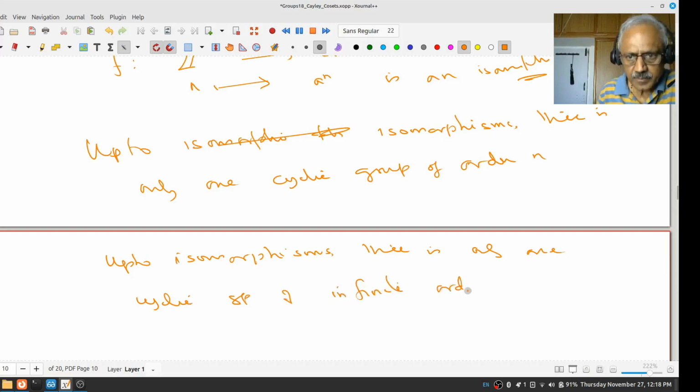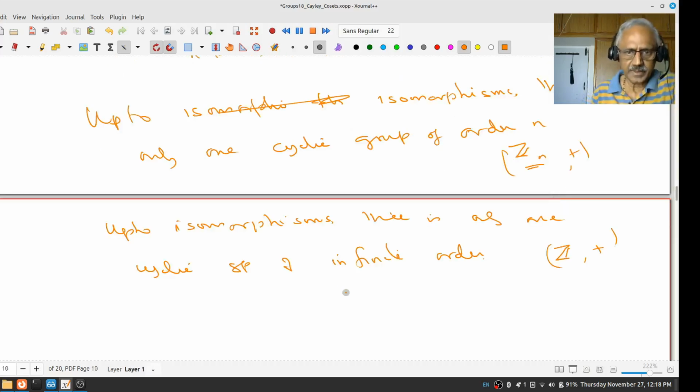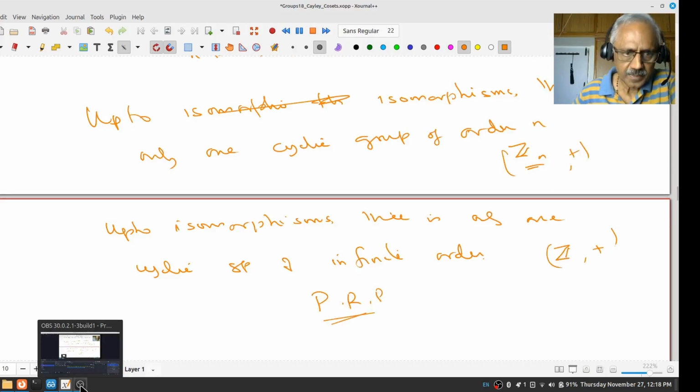Infinite order. Namely, any cyclic group of order n must be isomorphic to Zn, and any cyclic group of infinite order must be isomorphic to the additive group of Z. Okay. Pause, review, proceed. Okay, I hope you understand this.